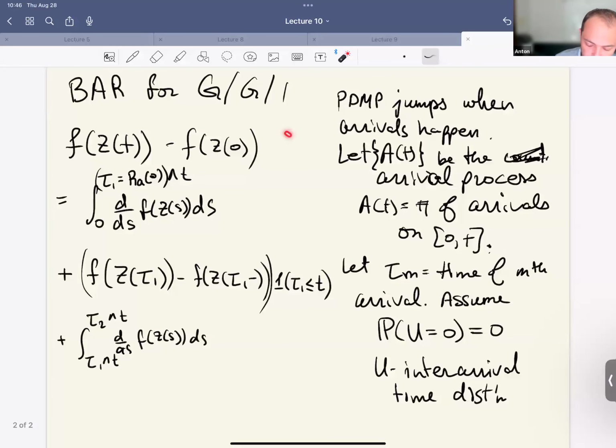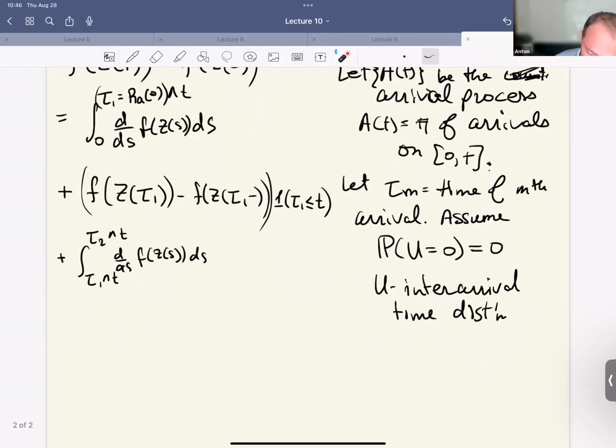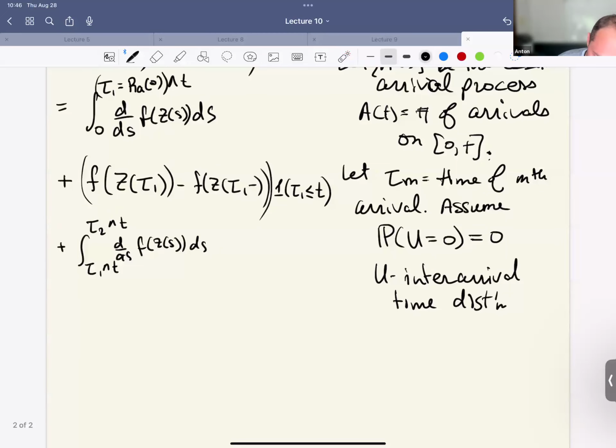And what we are starting to see is that it's not enough to know the time derivative on the deterministic part. We also need to account for these jumps. These are the random ones. So I'm going to introduce some notation and define this to be, another way, delta f of z of tau 1 minus. This is like the jump: post-jump state minus pre-jump state.